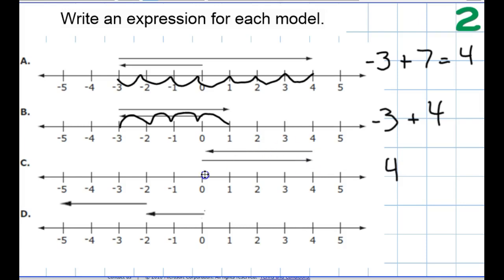Then we're going back down to 0, so again we're going down 4, so -4. Here we go to -2, and then we're still going backwards. We go back 1, 2, 3. If we're going backwards, it's a negative. It's -2 minus 3.